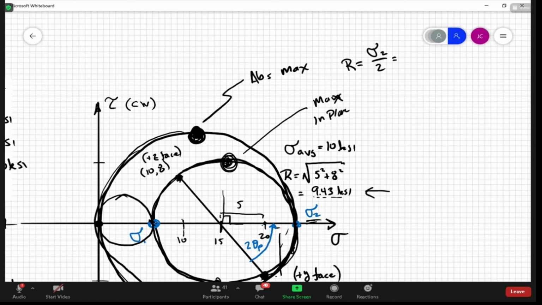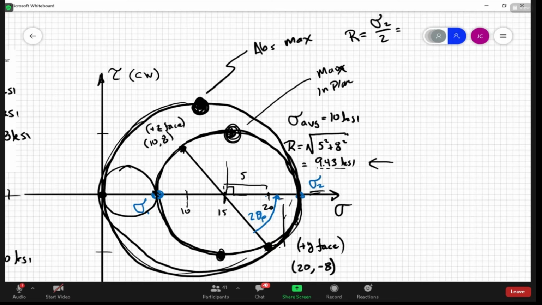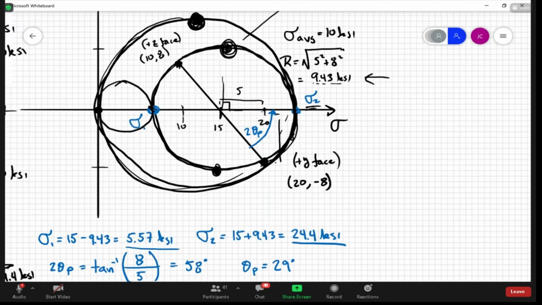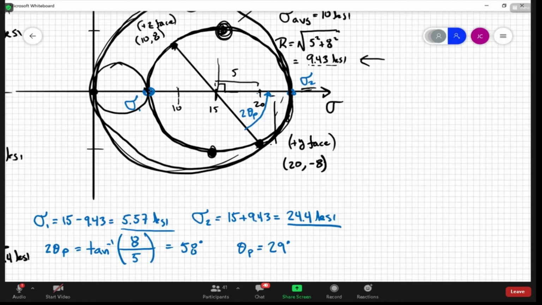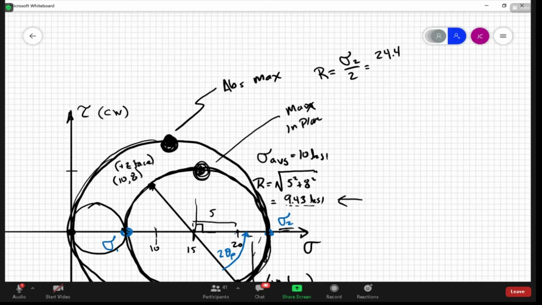It's going to be 24.4 divided by 2, which is 12.2 KSI. All right. So this value up here is going to be 12.2 KSI.